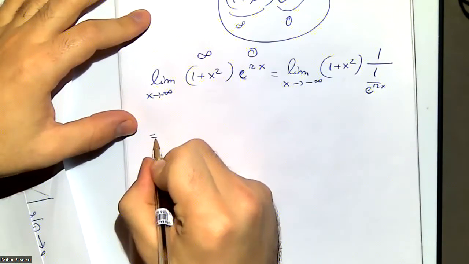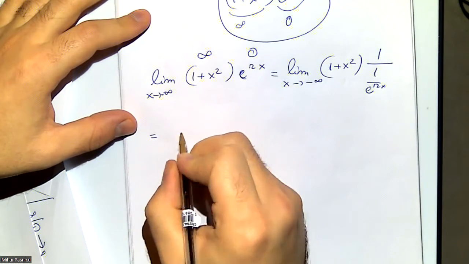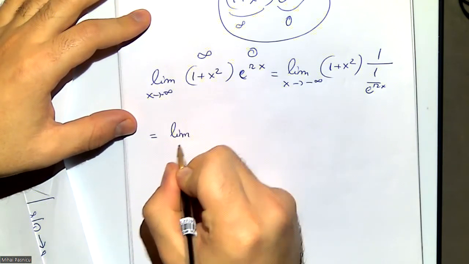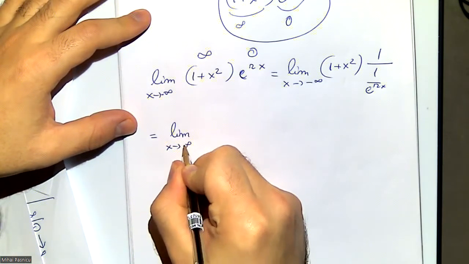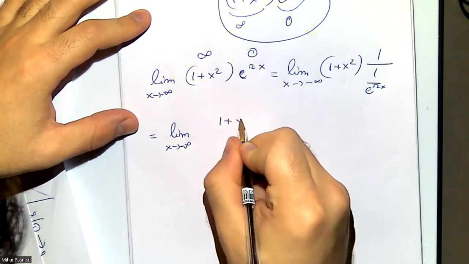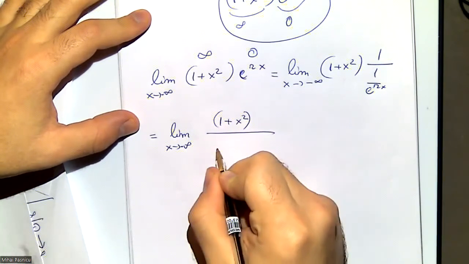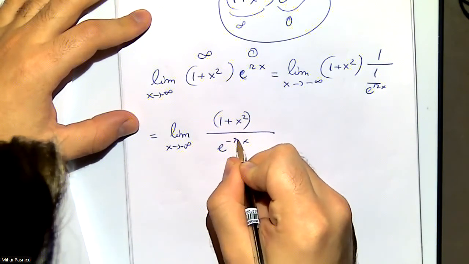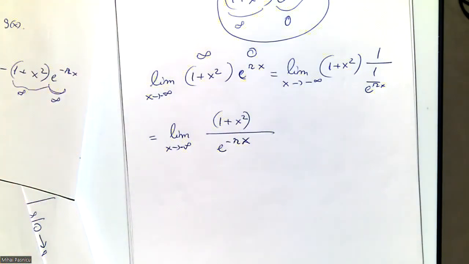Okay, that's not bad, I guess. So this is the limit when x goes to minus infinity, so for that, 1 plus x squared e to the minus rx. Everyone follow on that? I'm just evaluating this right now.